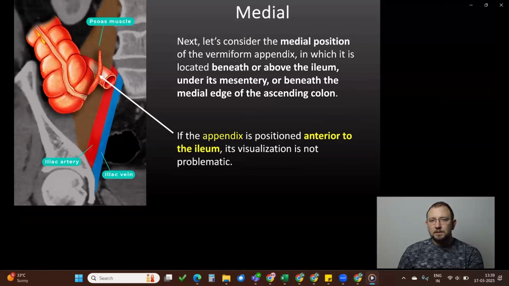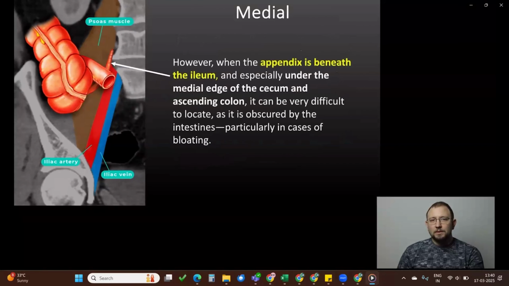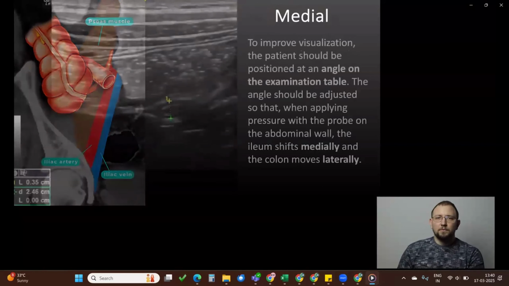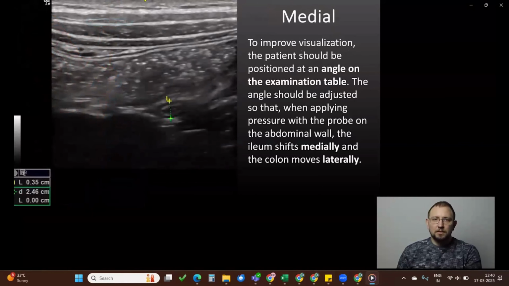If the appendix is positioned anterior to the ileum, its visualization is not problematic. However, when the appendix is beneath the ileum and especially under the medial edge of the cecum and ascending colon, it can be very difficult to locate as it's obscured by intestines, particularly in case of bloating. To improve visualization, the patient should be positioned at an angle to the examination table.